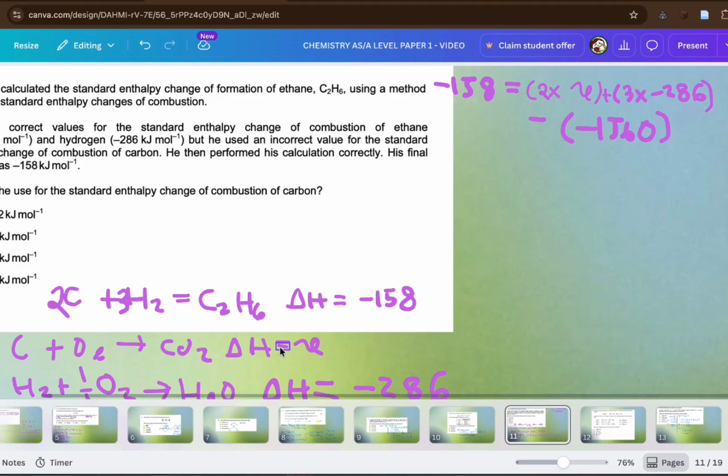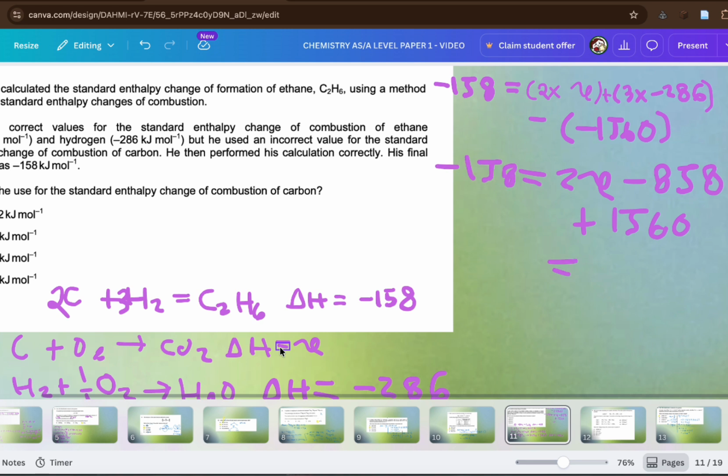So it will be 2x plus 3 times negative 286 is negative 858. Negative 858 plus 1560, which is with the numbers around of 1x.